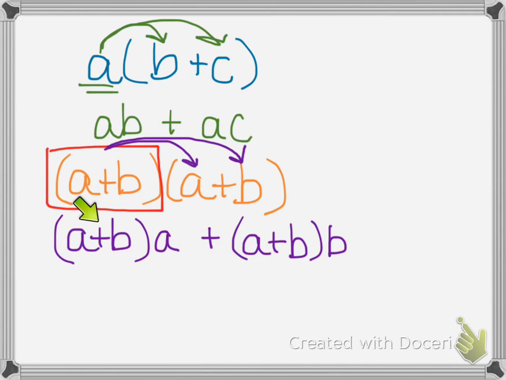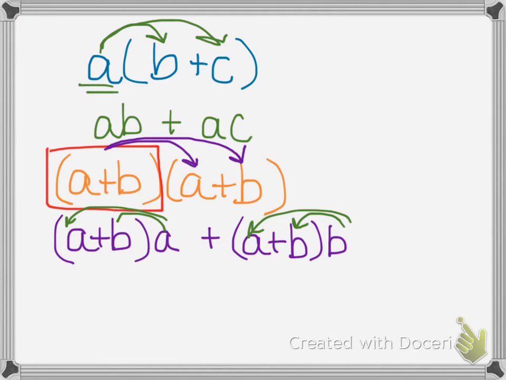Okay, so then once I've done that, I have these two expressions, and they're just like this one, except that I have the single number on the outside here, on the back. It doesn't matter. It could be up here at the front, right? Because multiplication is commutative, so that means it doesn't matter what order I multiply these things in, it's going to be the same. So I'm going to have a times b plus a times a, and then here I've got b times b and b times a.